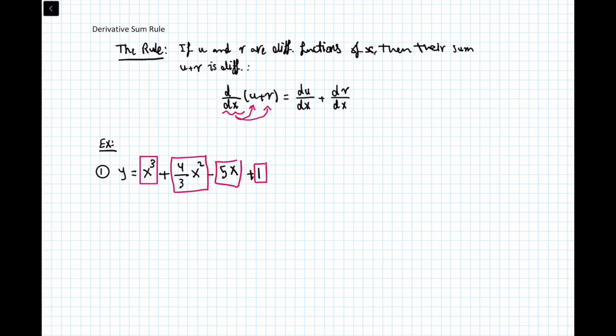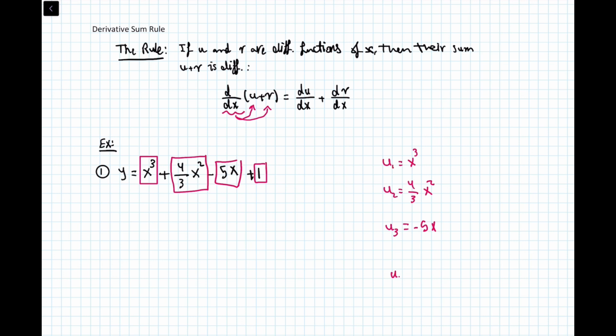So the first function we have is x to the power of 3. The second function is 4 over 3 times x squared. The third function is minus 5x. And last but not least, of course, is 1, which plays a very substantial role in mathematics.